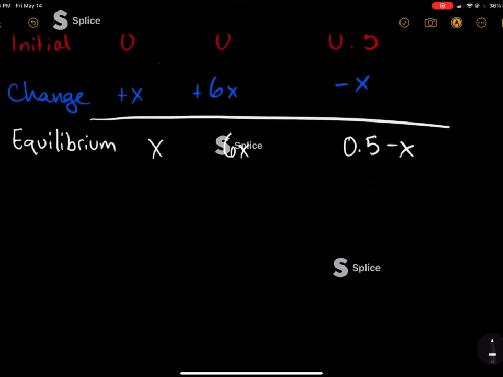Now we use this and substitute into our Kf expression.